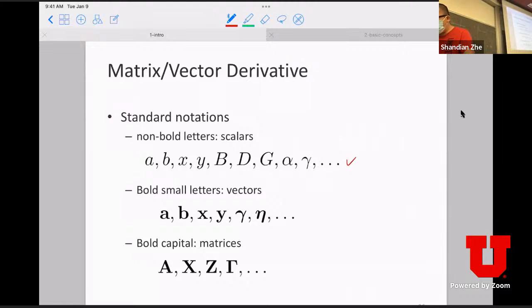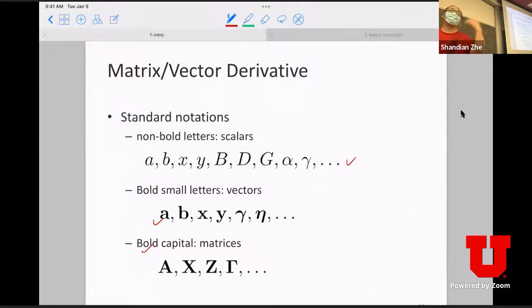Small letters in bold usually refer to vectors. And bold capital letters, whether Greek or alphabet, usually indicate matrices. It is a common standard across engineering and scientific domains.